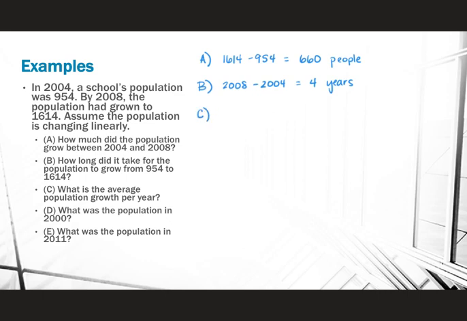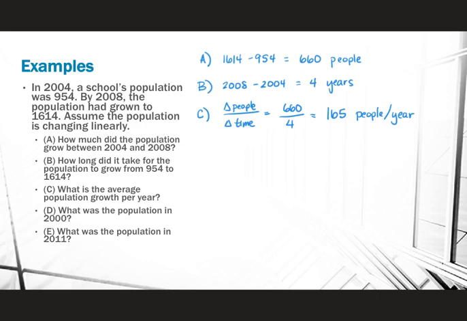Okay, part C, what is the average population growth per year? So I want delta people over delta time. Remember, delta is the Greek letter that in math means change. Okay, so the change in people divided by the change in time, which is going to be 660 divided by 4, which is 165 people per year.